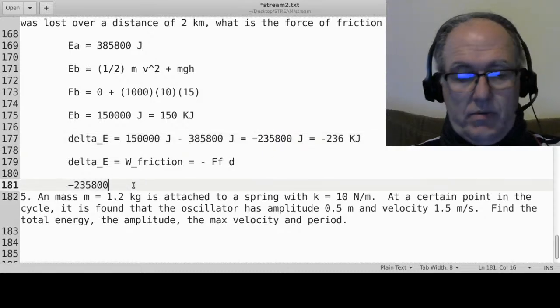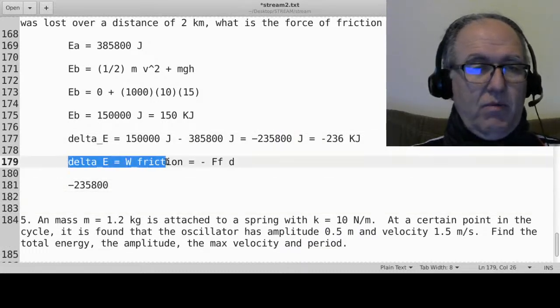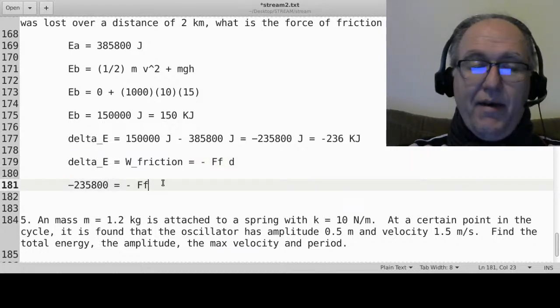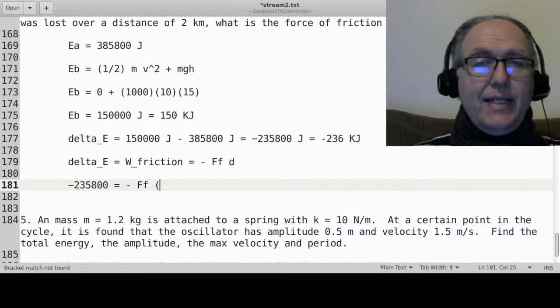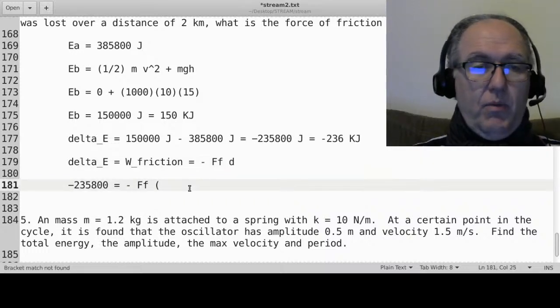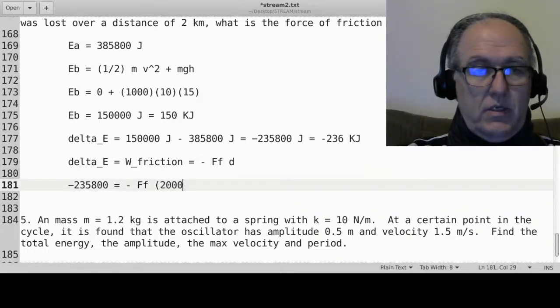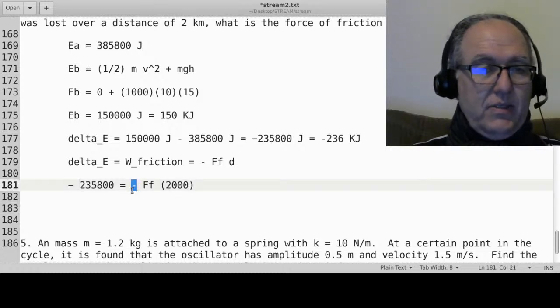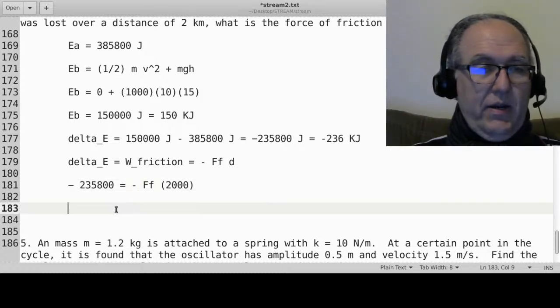That's equal to minus FF, which we don't know because that's what we want to calculate, times D, which is 2 kilometers. We need it in meters, so that's 2,000. And you'll notice that the negative signs cancel. There's a negative sign there and a negative sign there.